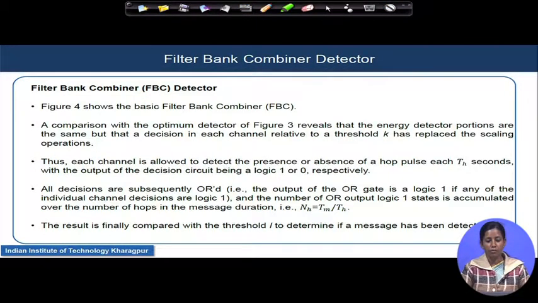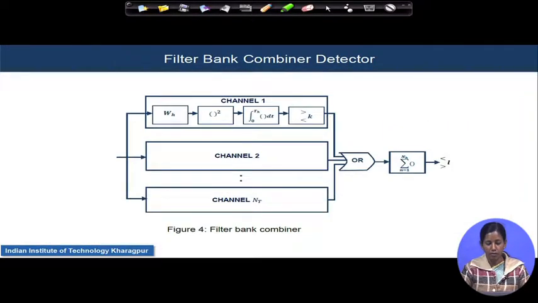We call it FBC, or filter bank combiner, where the combiner figure will be like this.